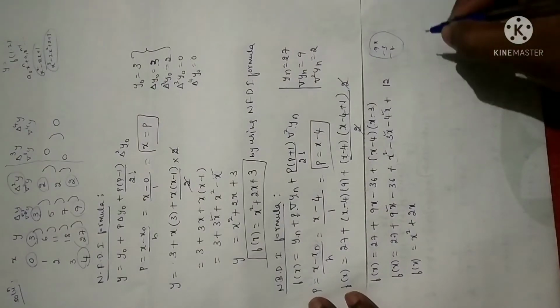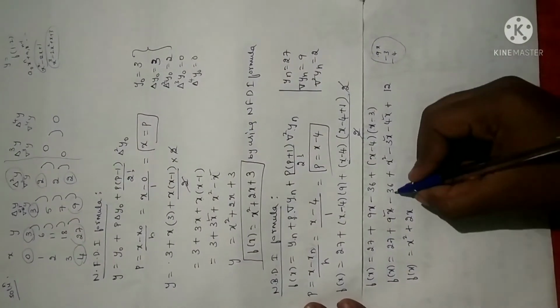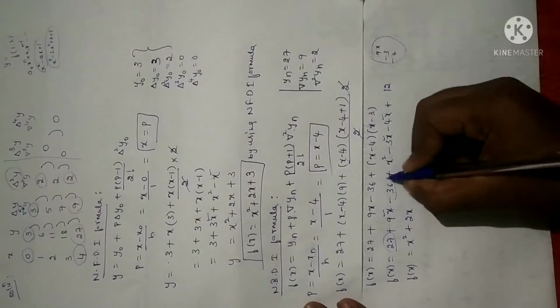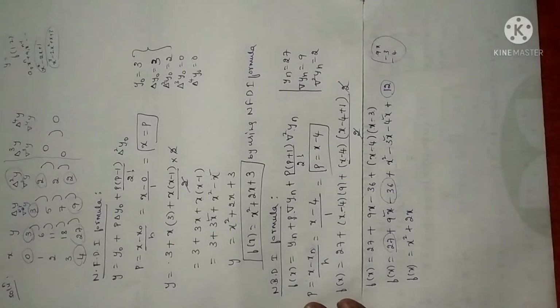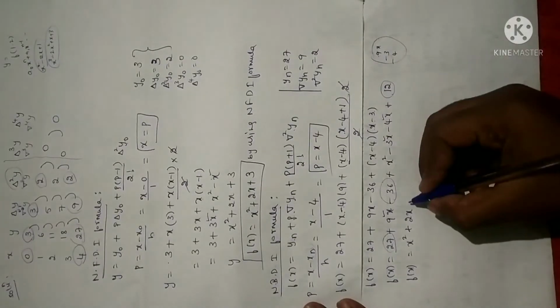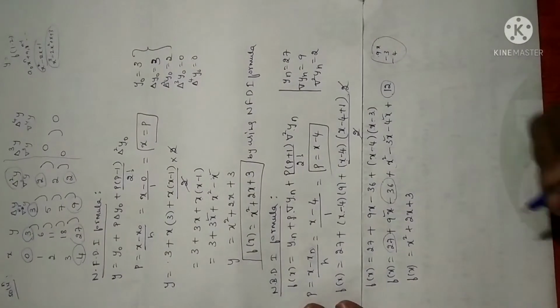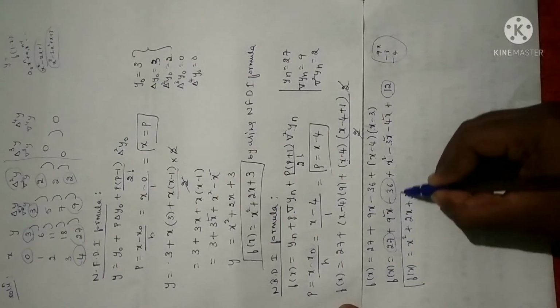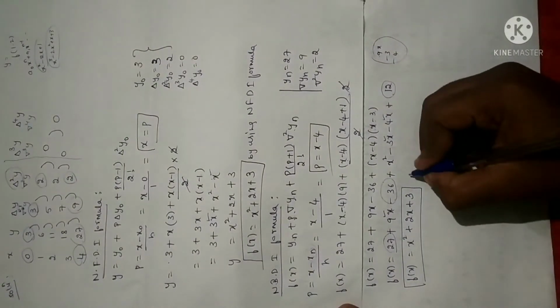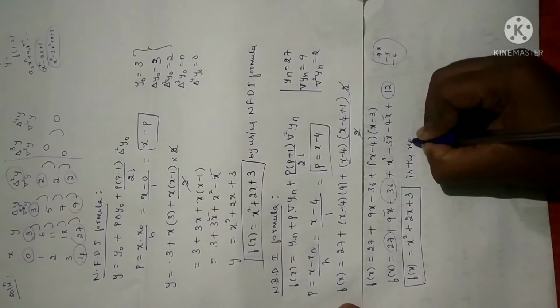Because these are the coefficients of x. Now what else we need is constants. 27 minus 36 plus 12. First you add 27 plus 12, that will be 39 minus 36. That will give you plus 3. Fine. So f of x is equal to x square plus 2x plus 3 is the required polynomial.